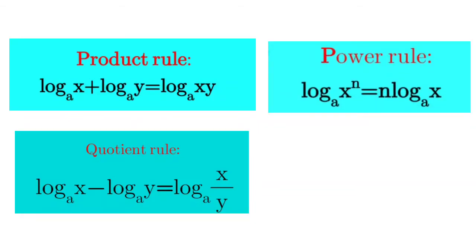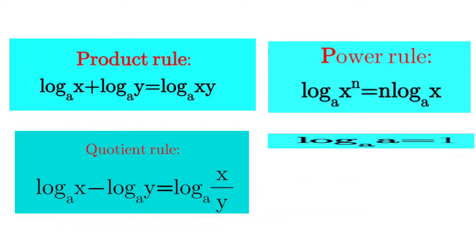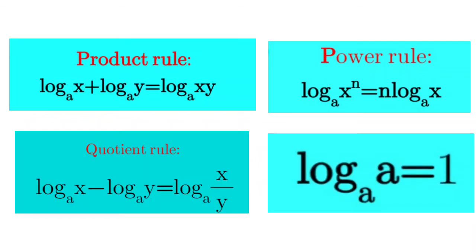Third one is the power rule, log x to the power of n to the base a equal to n into log x to the base a. Fourth one is log a to the base a equal to 1. So remember these formulas. These four formulas we used in this exercise. So keep in your mind.